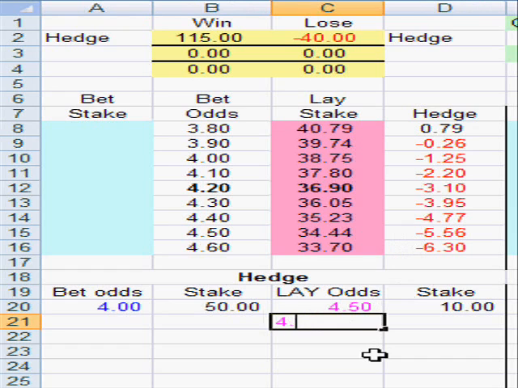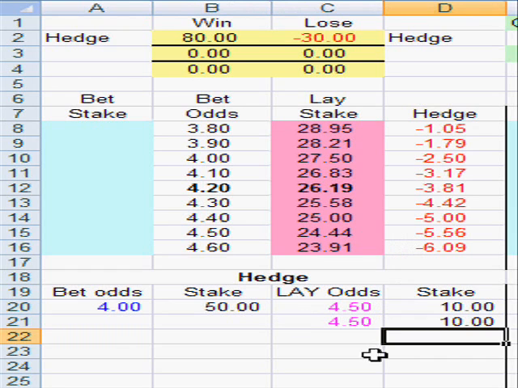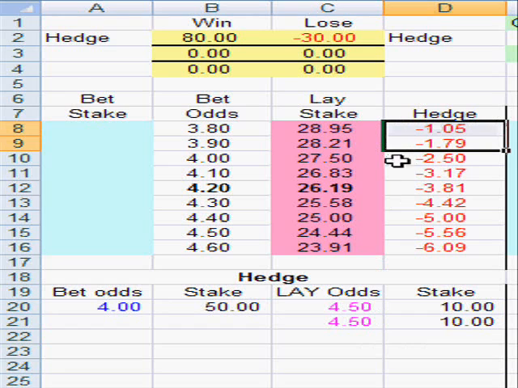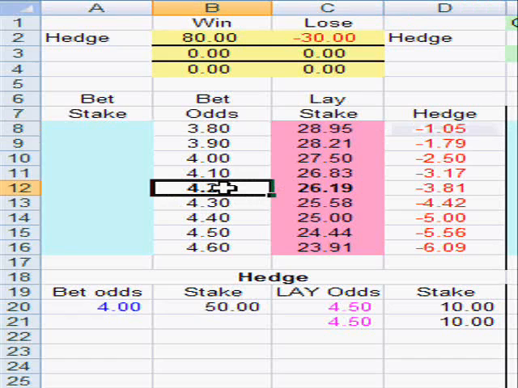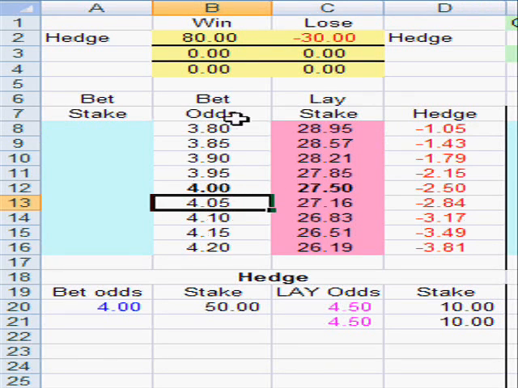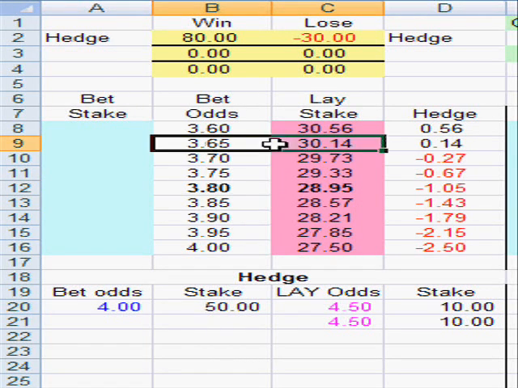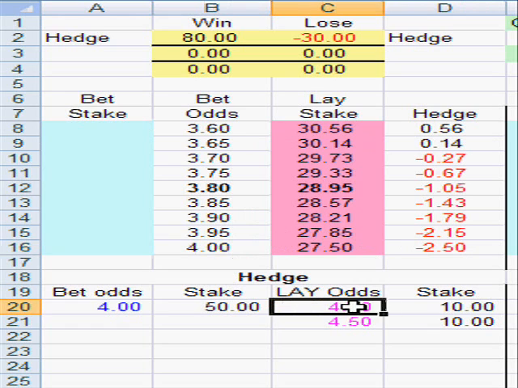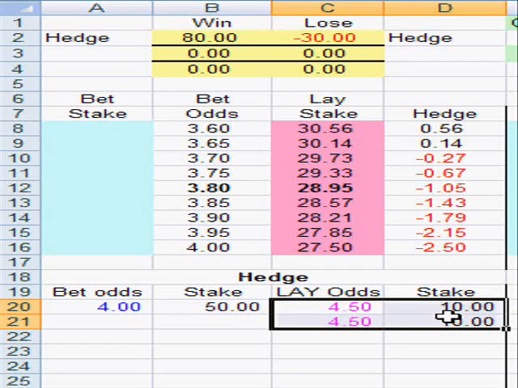Now if we put another 4.5 laying for £10, those break even odds have gone even lower. So if we put 4 in there now, we can't see them, can we? 3.8, there they are. Now to get out of our trade we would need the odds to drop down to 3.65, whereas if we'd done nothing at all we could wait and get out at odds of 4 instead.